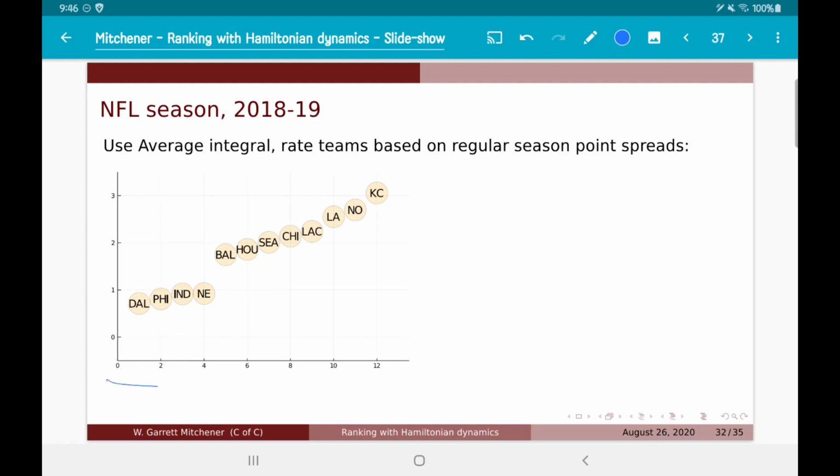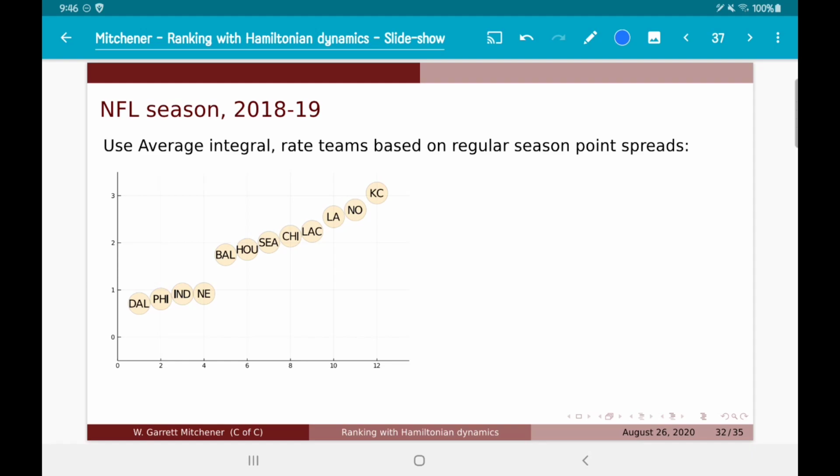So what I've drawn here is that for the teams that ended up in the tournament, I got their records from the regular season, used the point spreads as the weights in the W matrix, and tried out the different ranking algorithms. In this case, I'm going to show you the average integral method results, but I got very similar results from the trajectory minimum R, and surprisingly from RankBoost. They all agreed on this information.